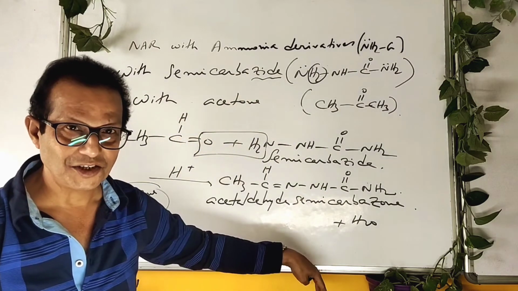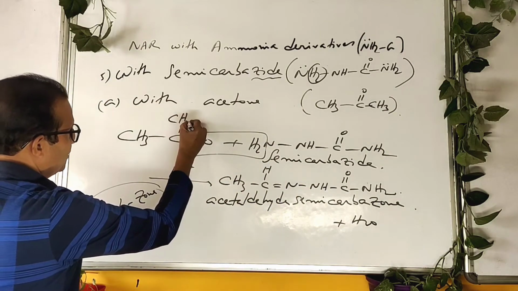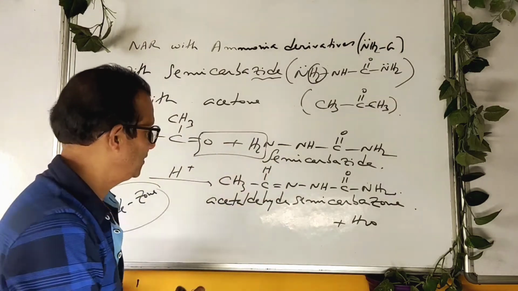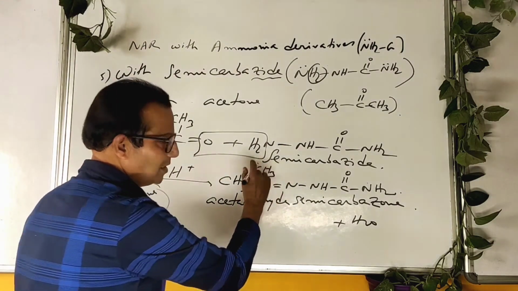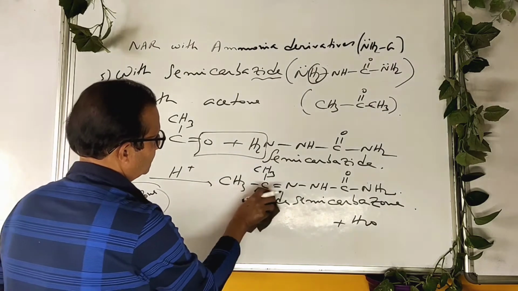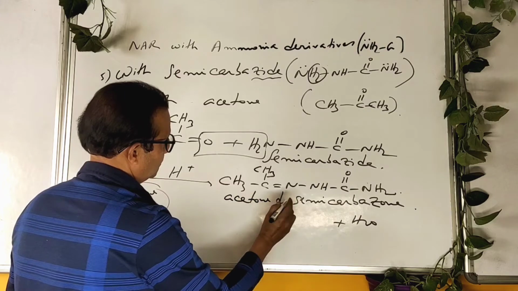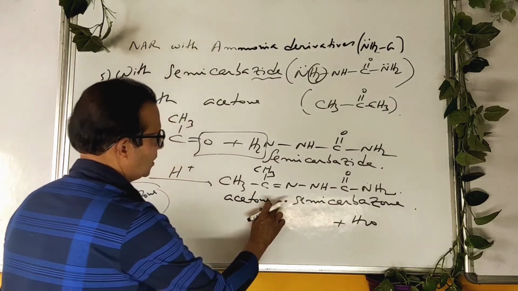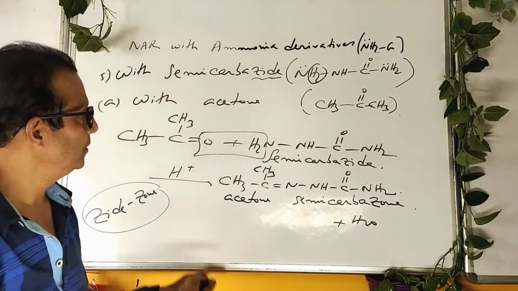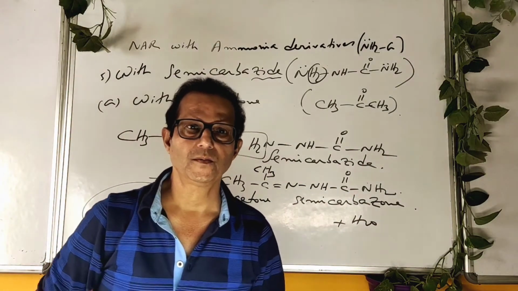Write in another reaction, okay, don't overwrite, a separate reaction. Just follow my technique, how to remember it. So the name of the product is acetone semicarbazone. So these are the reactions of ammonia derivatives, okay.